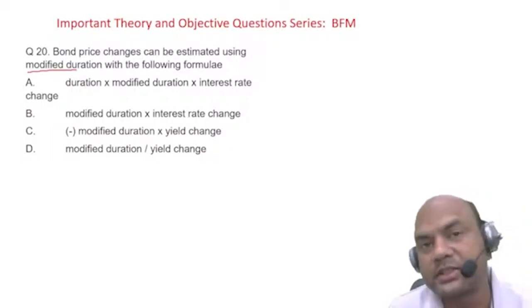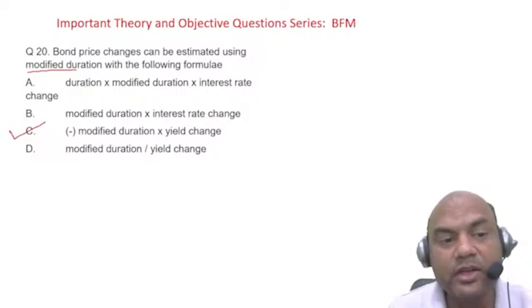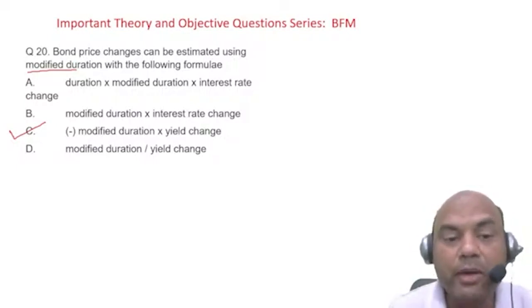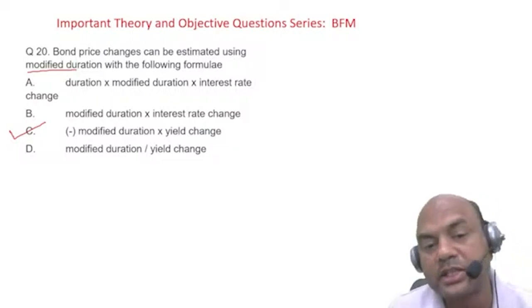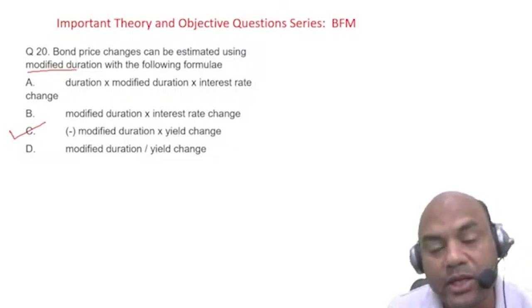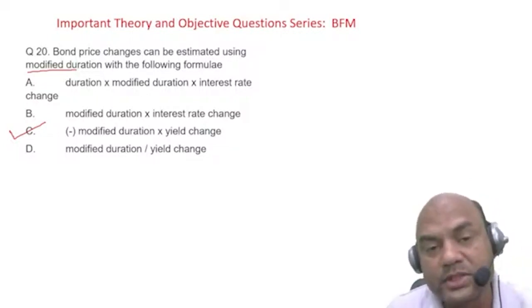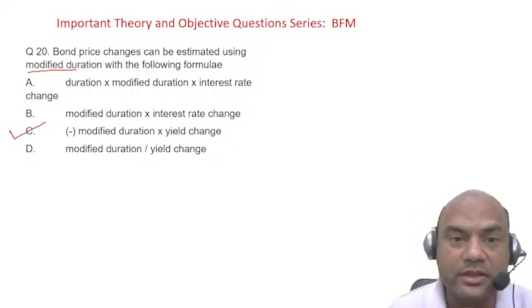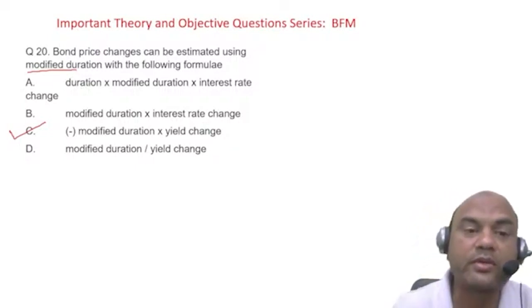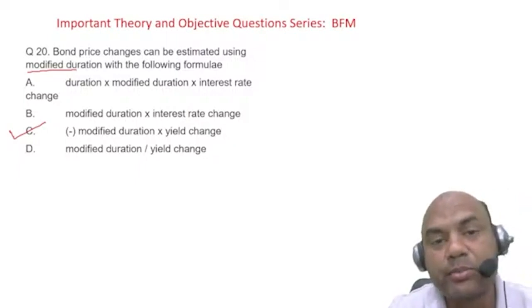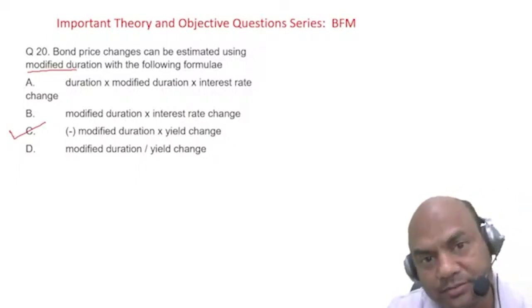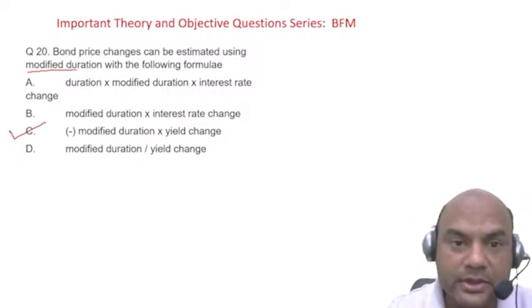Opposite means minus. So the answer is C over here. Bond price changes can be estimated using the modified duration with the formula: minus modified duration into yield change. That's why I gave you the hint. Bond price and the yield are always in opposite direction, right?